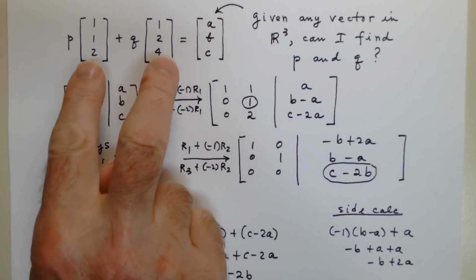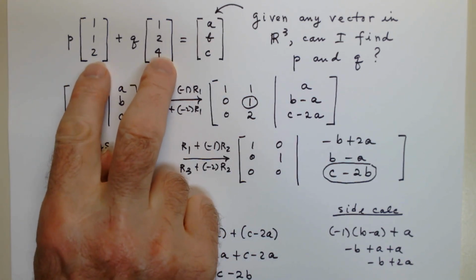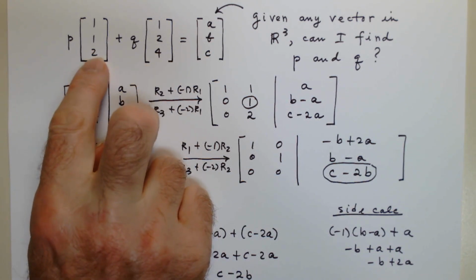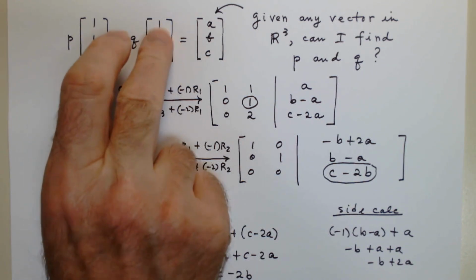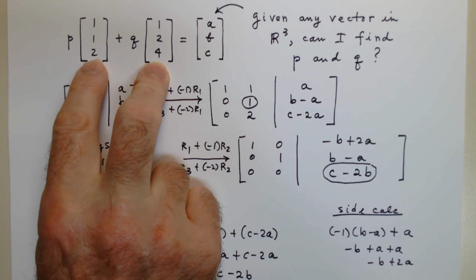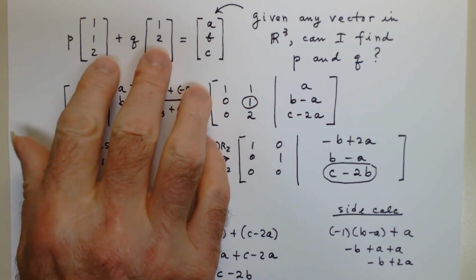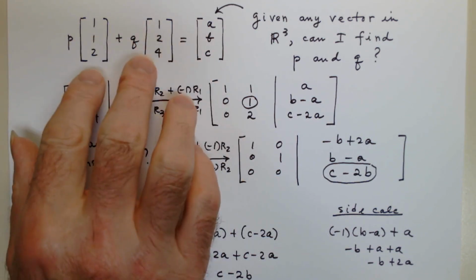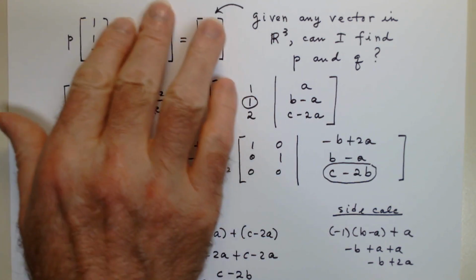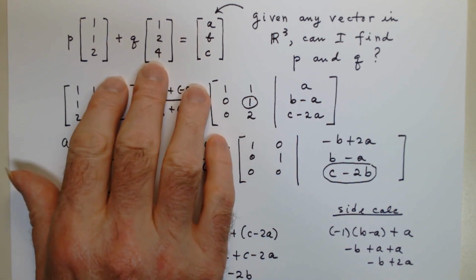And here we're saying, I'm only going to let you use 2 pieces of information, a scaling of 1, 1, 2, and a scaling of 1, 2, 4. And so it's quite believable that given only 2 different directions to move in, and adding and scaling those direction vectors, this cannot possibly produce all of three-dimensional space.